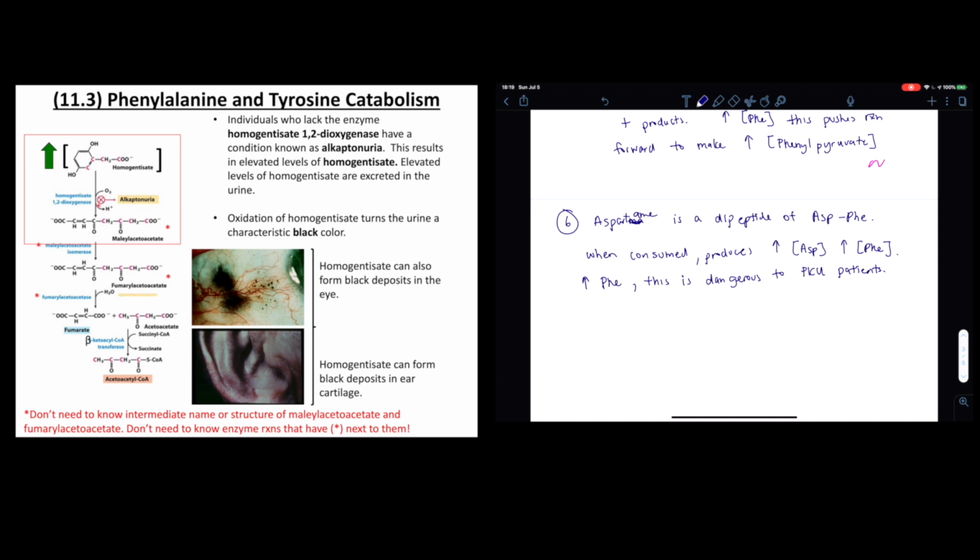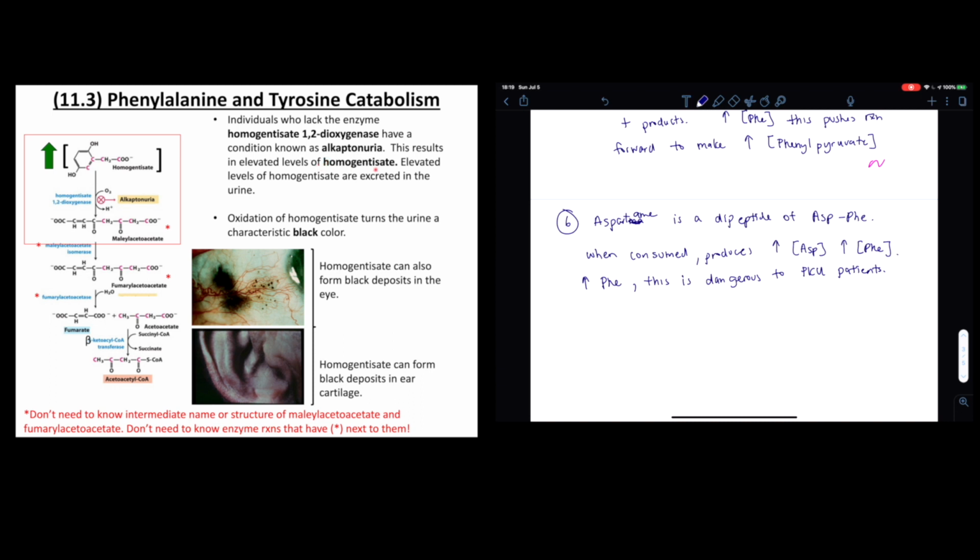But some individuals lack this enzyme, and they have this condition which is known as alkaptonuria. That's when you get this large increased concentration of homogentisate. Individuals who lack the enzyme homogentisate 1,2 dioxygenase have this condition called alkaptonuria.